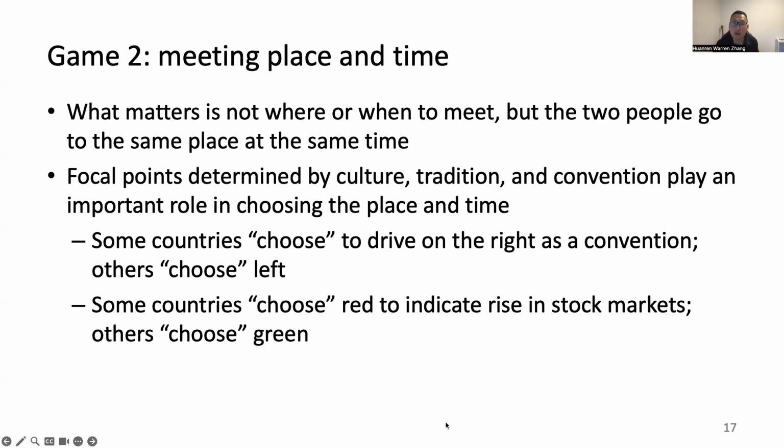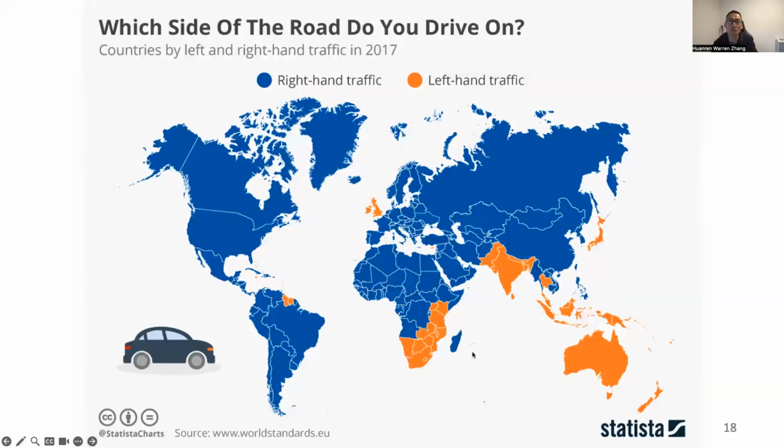It's just a convention. So here is an illustration of the distribution of which way you are driving for the traffic. And sometimes the convention could be determined by law. Okay. And most of the time it's determined by social norms.